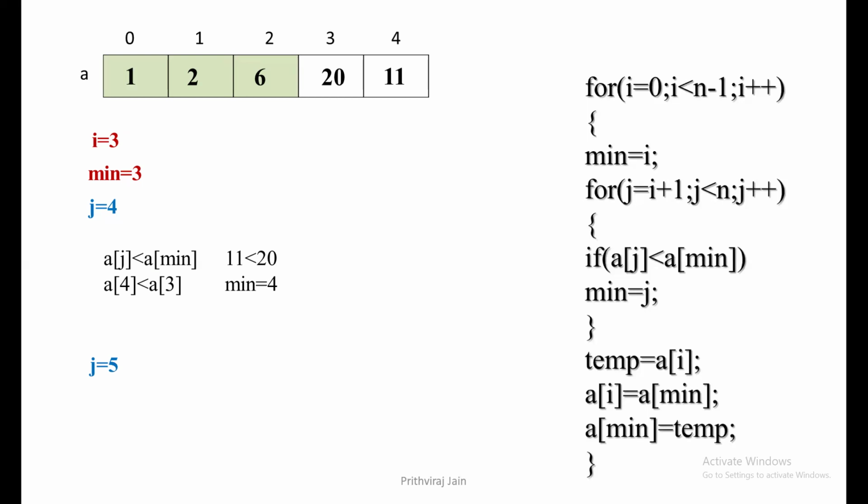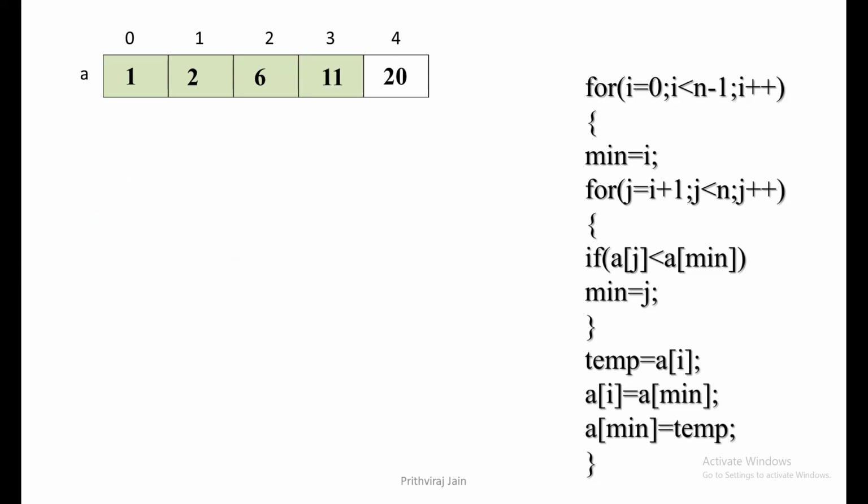And after incrementing j value, the loop terminates. And here we are swapping a of 3 with a of 4. So 20 is swapped with 11. And we got the position for 11. Okay, so all are in the sorted part.